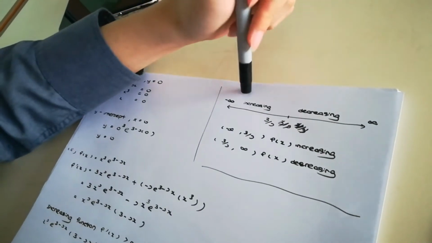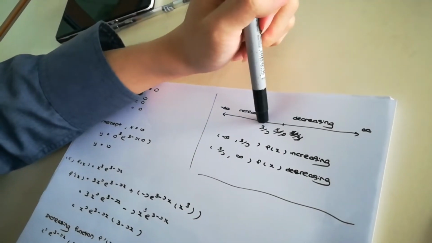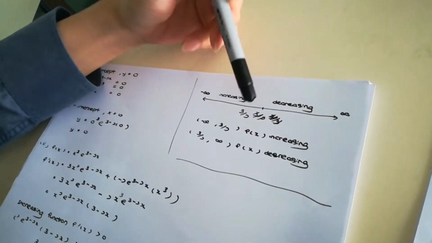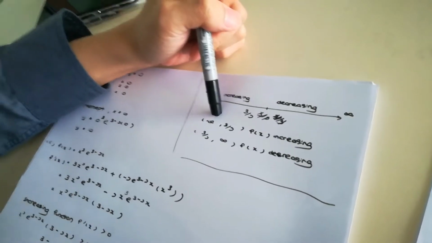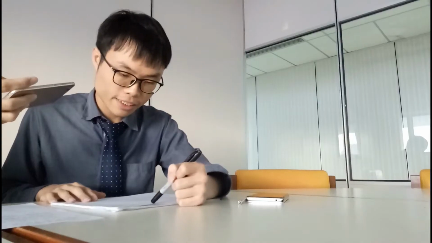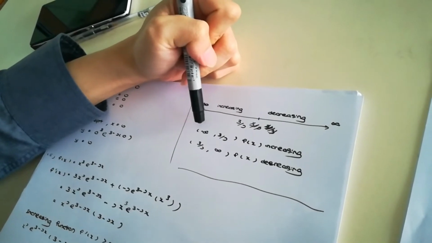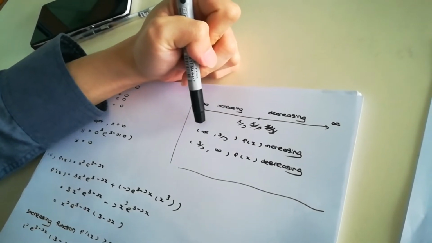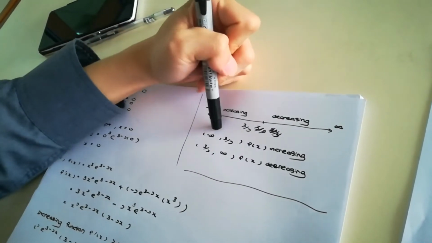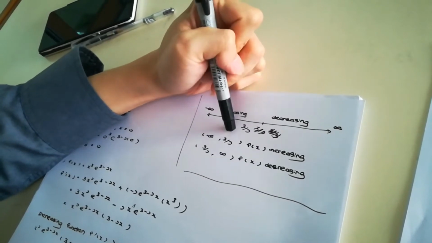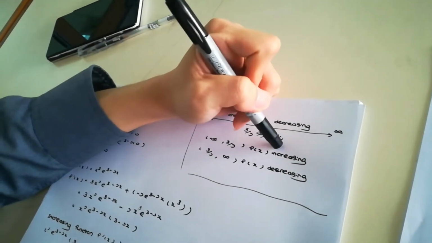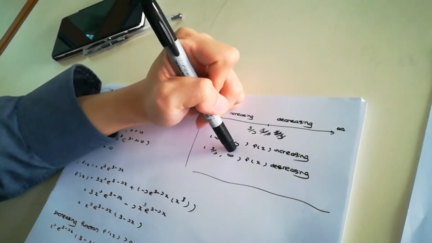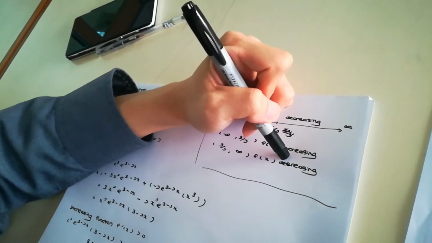That means smaller than 3/2 is the increasing function and bigger than 3/2 is the decreasing function. So the interval from minus infinity to 3/2 is the increasing function and 3/2 to infinity is the decreasing function.